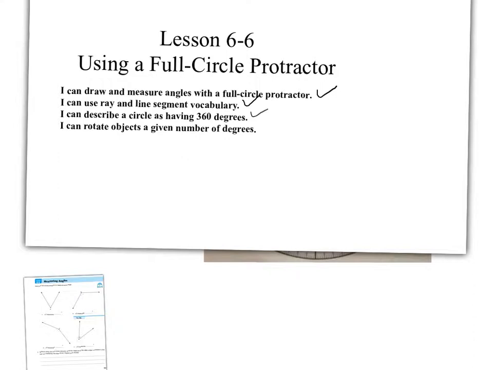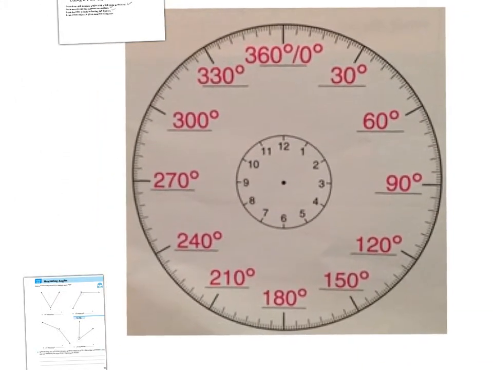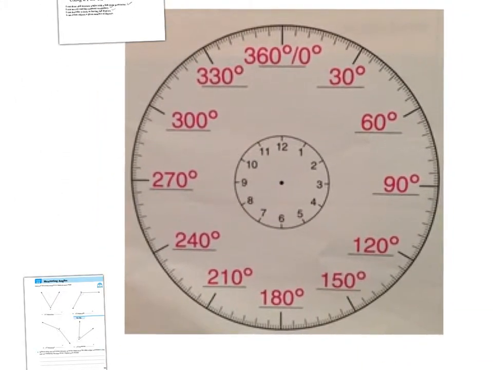And the last thing is I can rotate objects a given number of degrees. Well, let's get our full circle protractor here, and let's draw a nice angle right here. Okay, I have a 90-degree angle. I'll hold up on that. We're going to erase this for now.